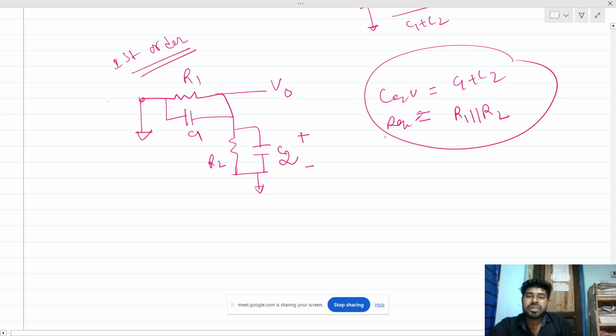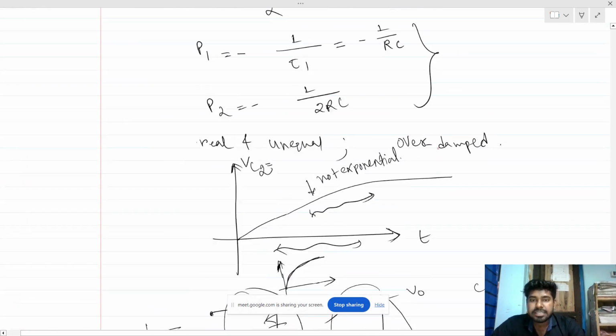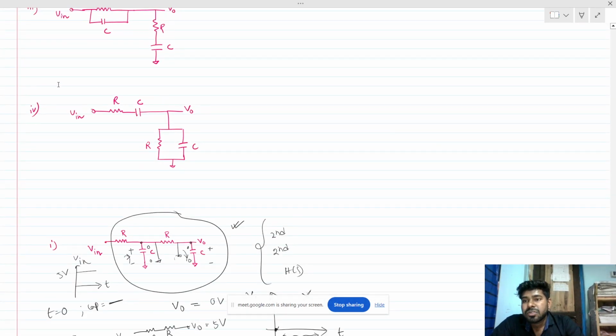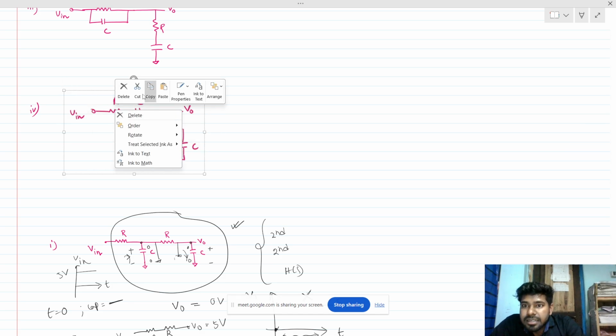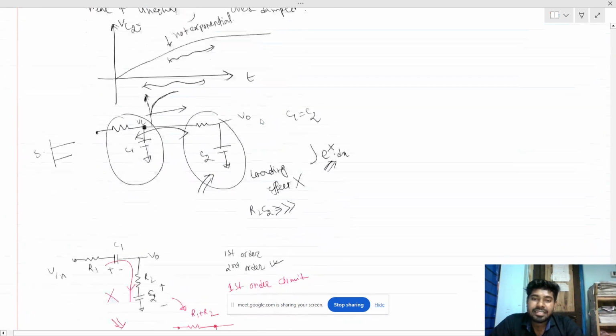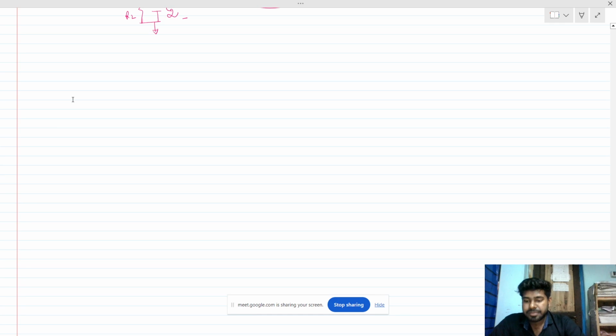Now comes the fourth problem we need to discuss. Let me copy the circuit. This is the most important circuit, where the output will be something different.